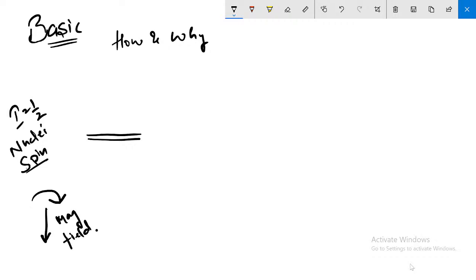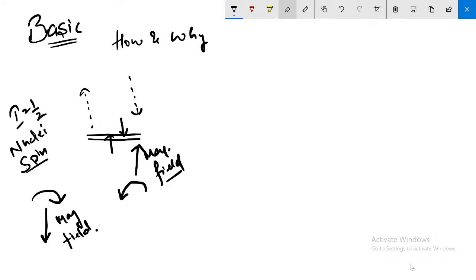But if they spin in the opposite direction, they will create a magnetic field in a different direction. So the magnetic field will vary according to the spin. So two types of magnetic field will be there, one in one direction, and the other in the reverse, opposite direction, right?